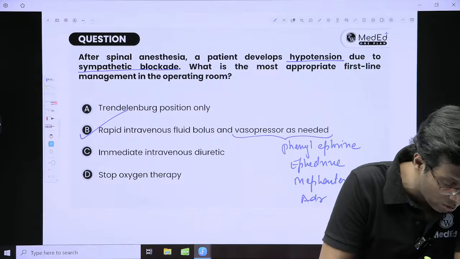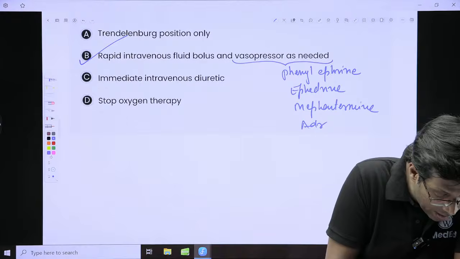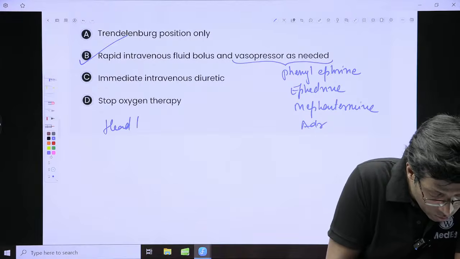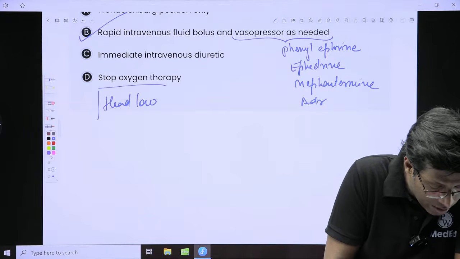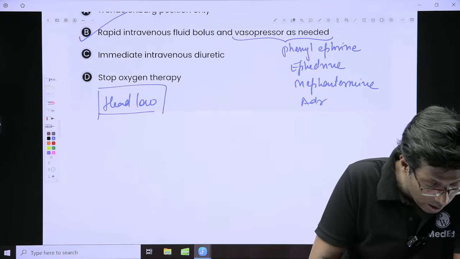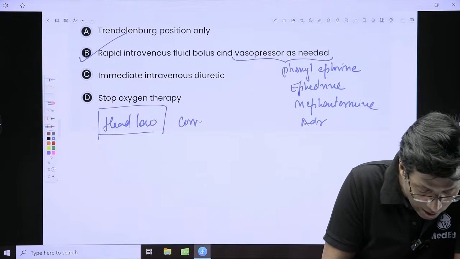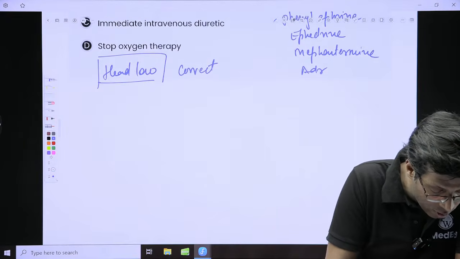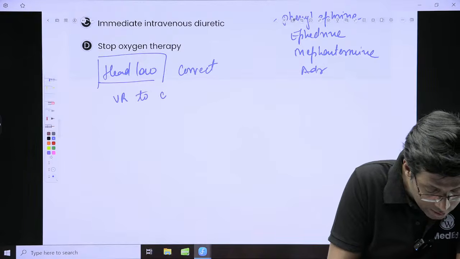Had they mentioned head low, ideally head low position is correct. Why? Because if you do a head low position, the venous return to the heart increases.